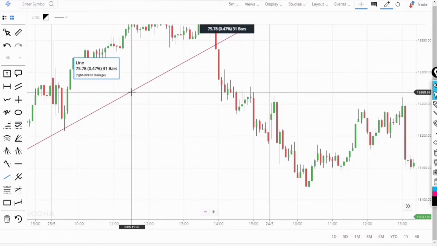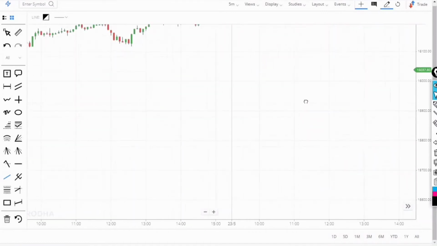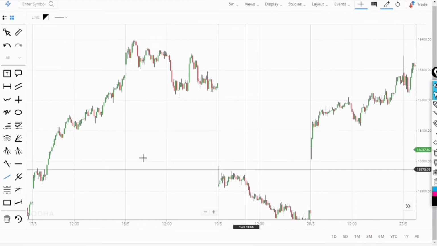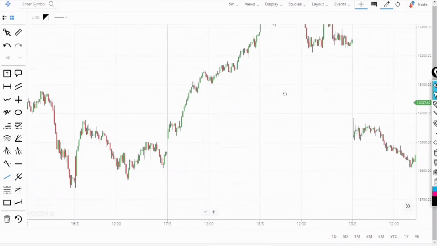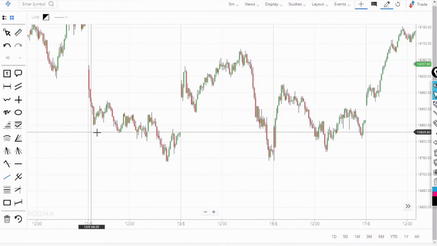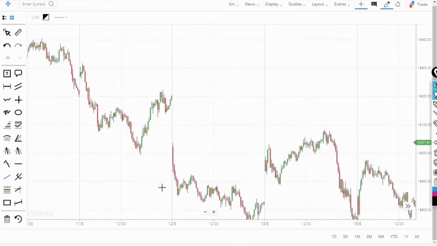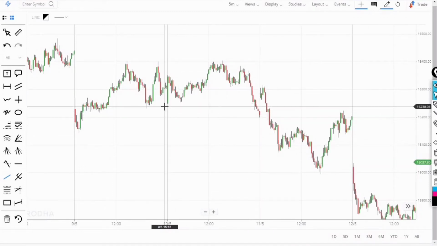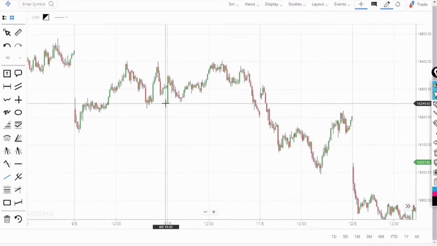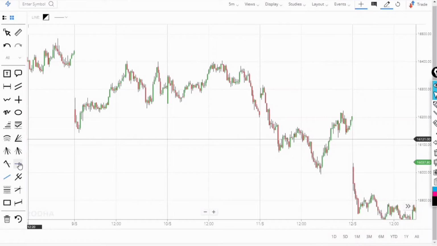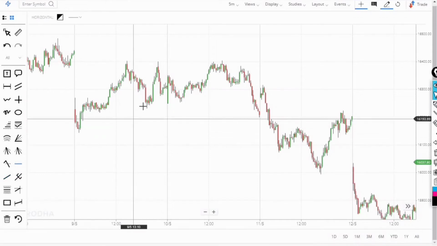We will try to look for more support and resistance. So here also we will be able to identify support and resistance both.